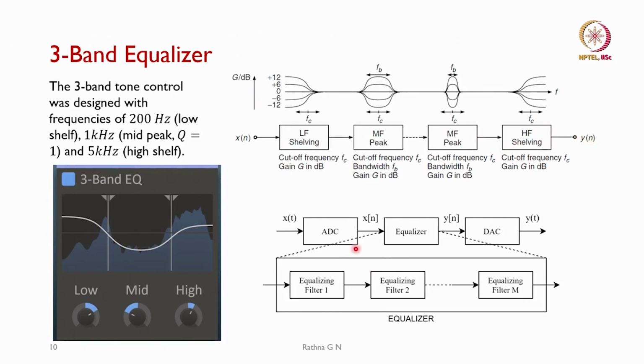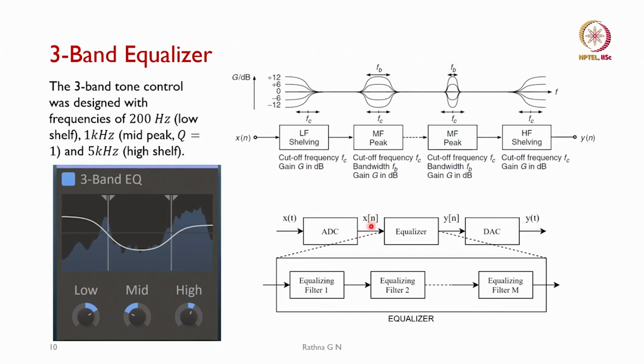So, how can we design this? All of us know that an audio file is given in the time domain. So, x of t is our input, which can come from a mic or audio system. Then we have to convert it into the digital domain using an ADC, selected depending on the number of bits we want.